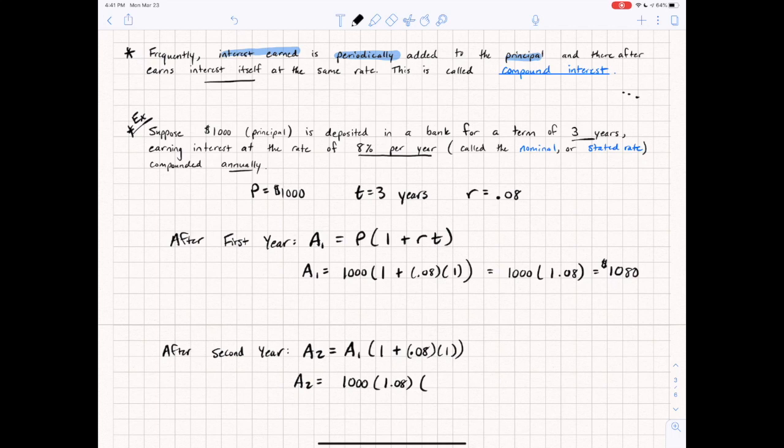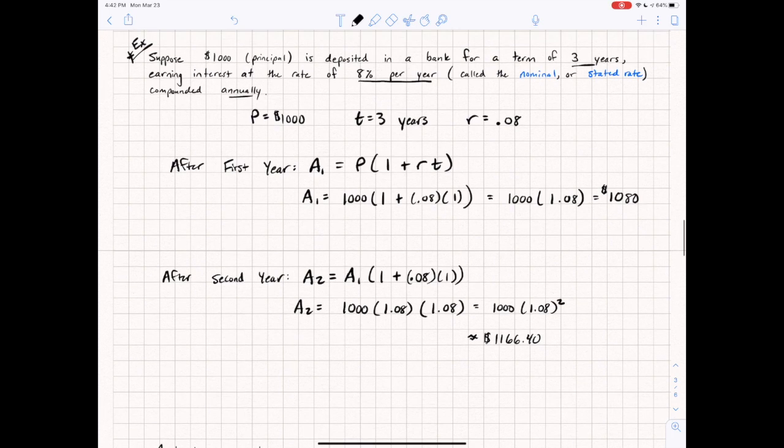Well, notice that I'm ultimately going to be multiplying another 1.08. So this is 1,000 times 1.08 squared, which is approximately, let me get my calculator out. 1,000 times 1.08 squared. I get $1,166.40. So at the end of the second year, that's how much would be in my account.